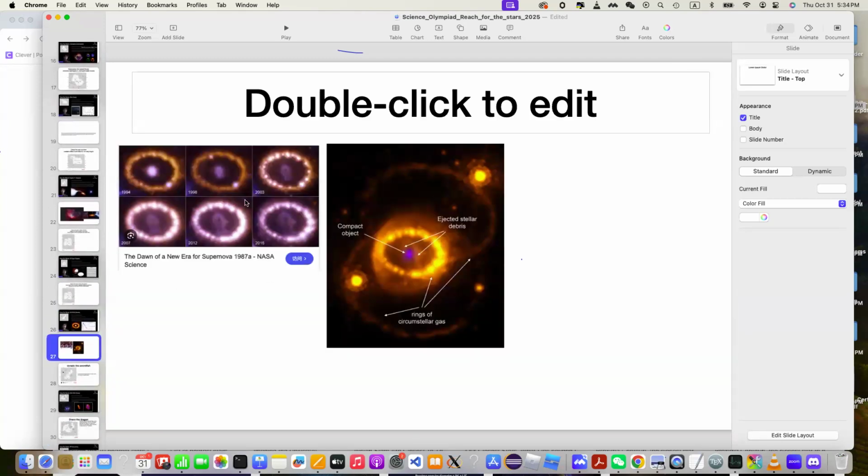So you can trace how it evolved as time goes by. This is the image in 1994, and this is the image in 2016.